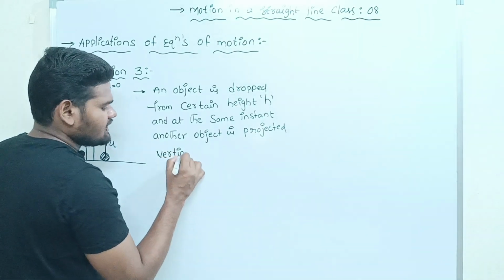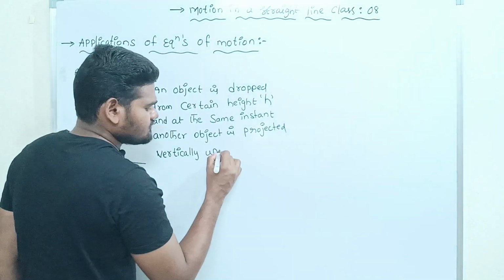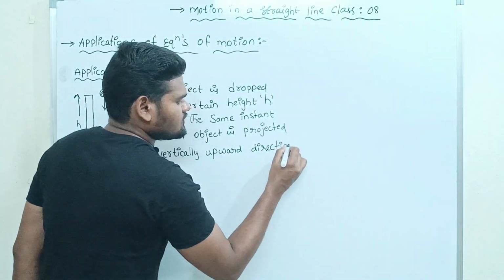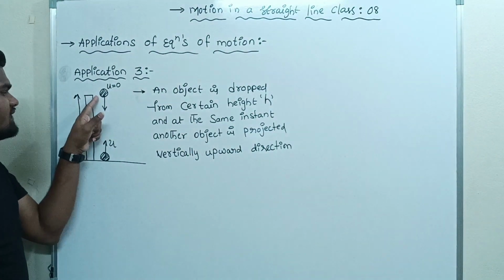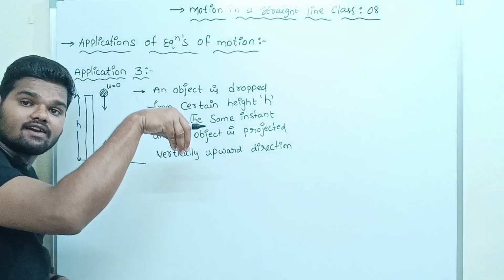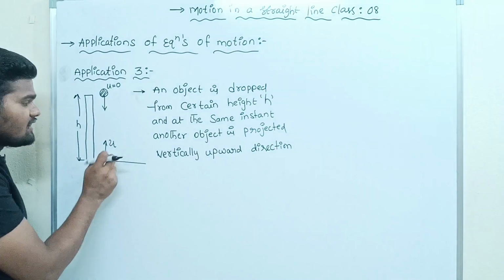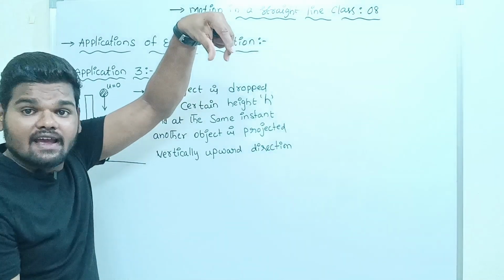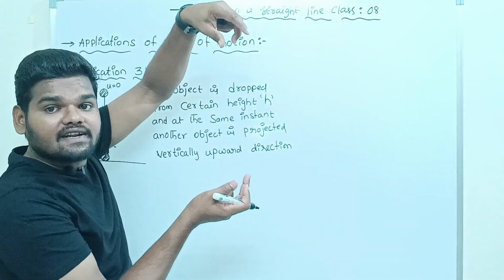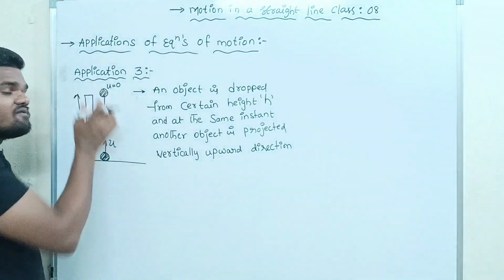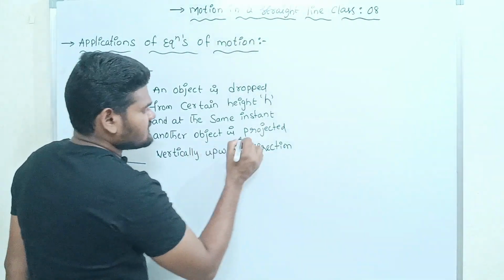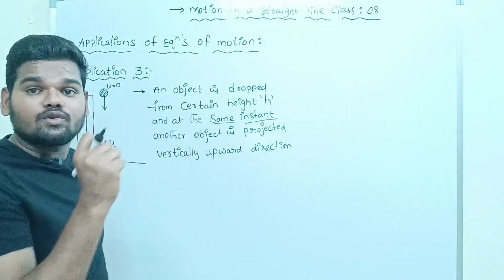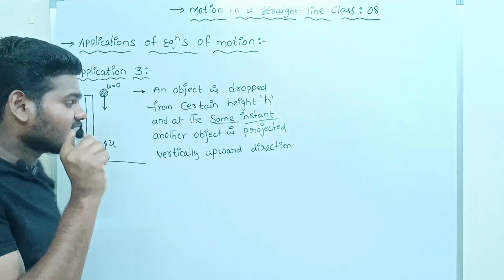So one object is dropped from a certain height h, and at the same instant, one more object is projected vertically in an upward direction. At the same time it is dropped, it is projected. So the two times are the same.